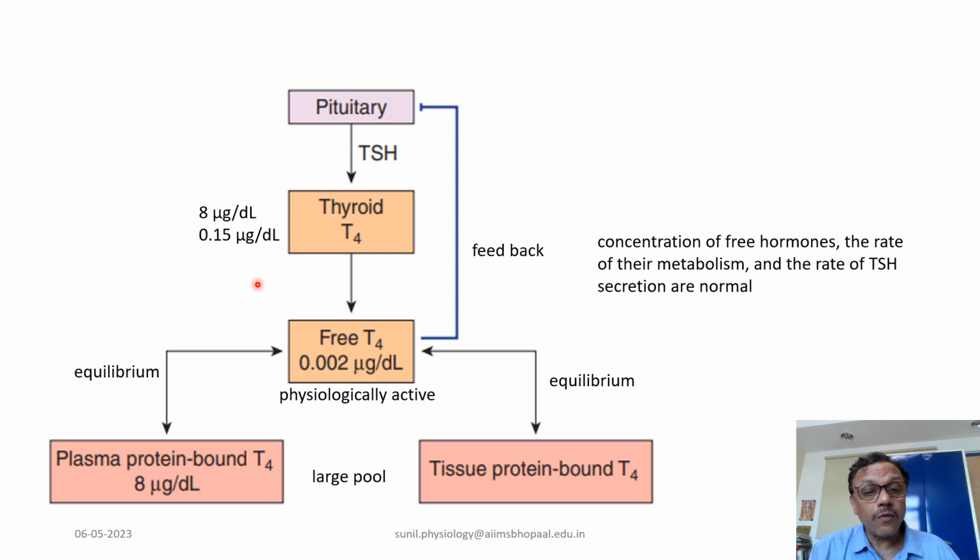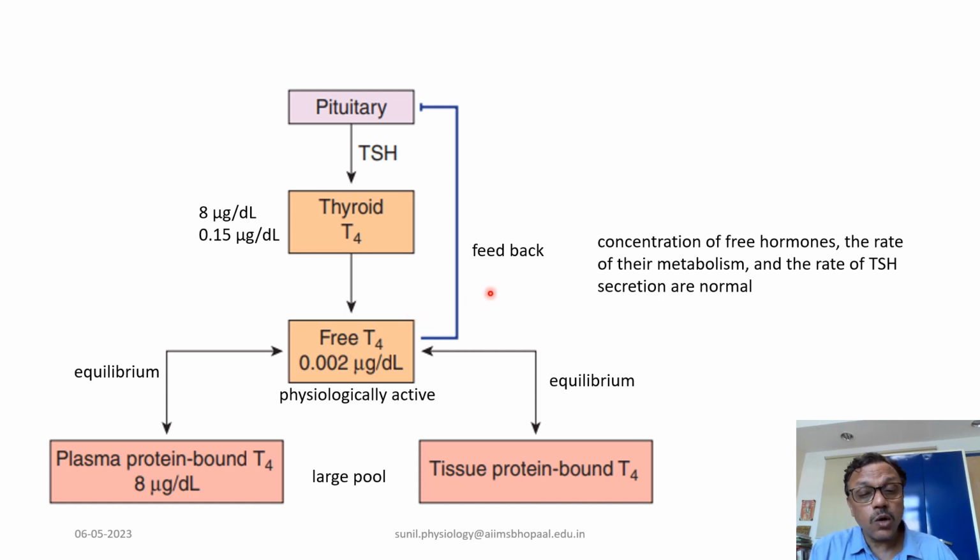When the thyroid hormone is produced, it again maintains an equilibrium with the plasma protein bound T4. The equilibrium is formed by the newly synthesized thyroid hormone and the plasma protein bound form, and the free level comes back to its normal level.